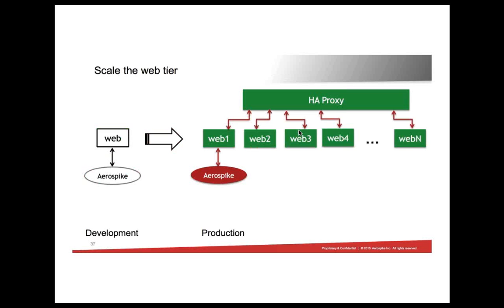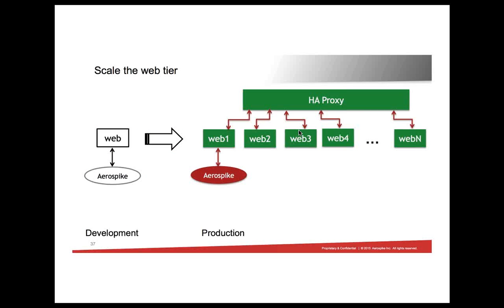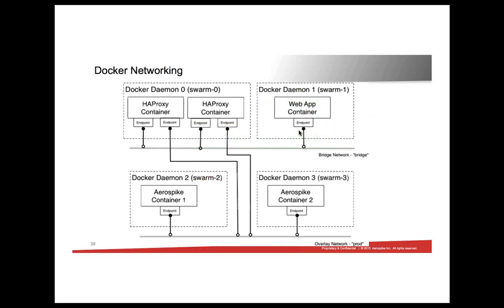So essentially what we want to do is we'll start off with a single node behind HA Proxy, and then we'll scale up our web tier to add more web nodes in order to deal with the incoming traffic. Now, we need to at this stage talk about networking in Docker. So this picture's a little busy, but hopefully you'll get the idea.